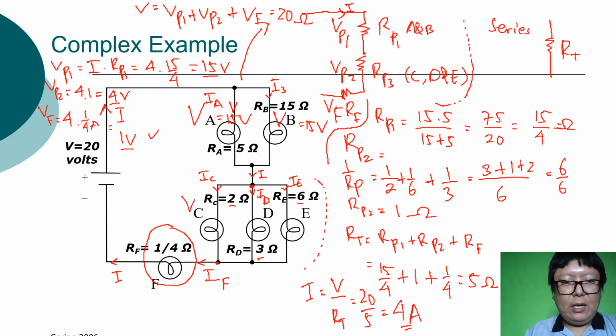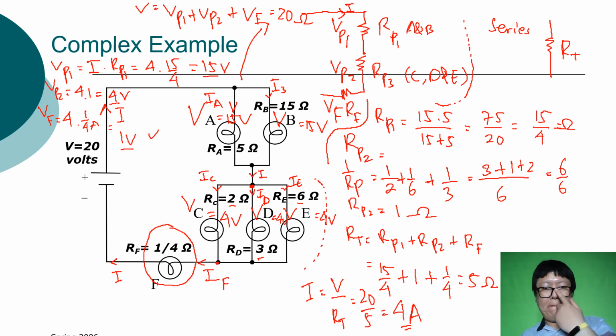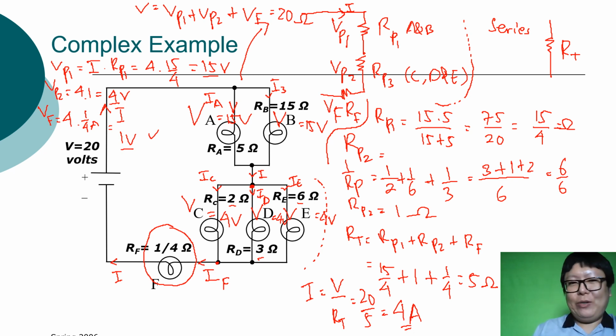The voltage at C and D and E will be the same, right? Then all of them is VP2, or 4. Okay, 4, 4, and 4. Okay, understand, guys?